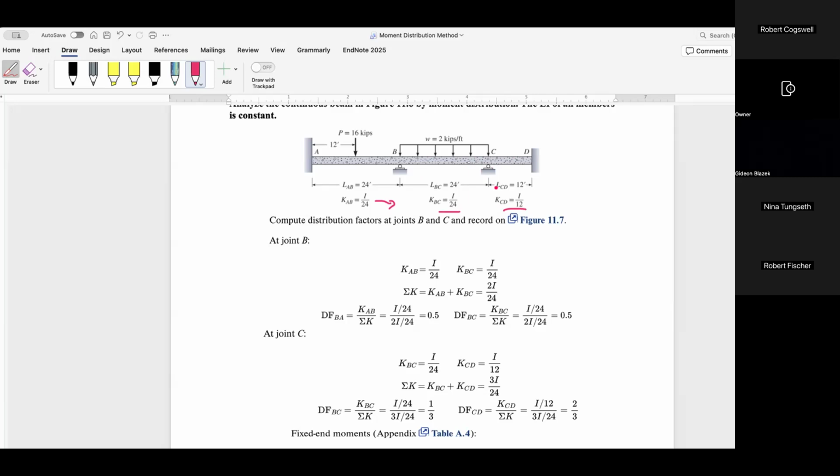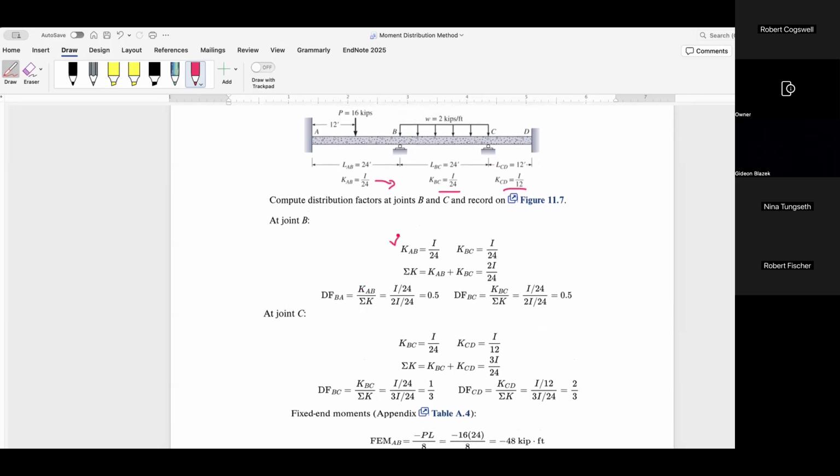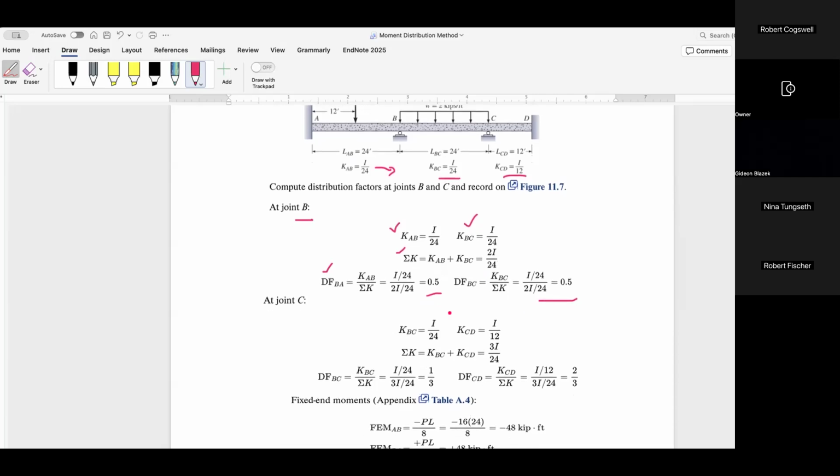But for 3, it's also easy, you just need to be more careful. So you already know how to compute the stiffness. You need to sum the stiffness of those 2 bars because we are dealing with those 2 bars now for joint B. Do that, and you will get the distribution factor for BA and BC.